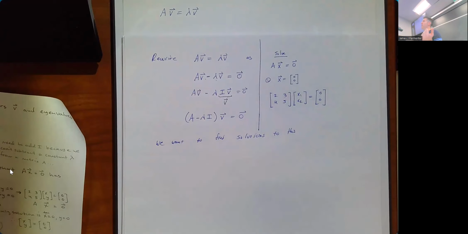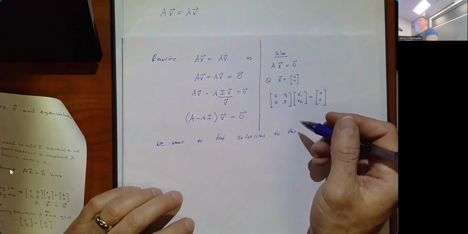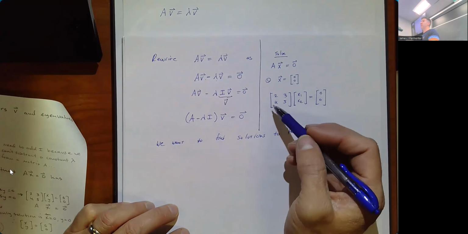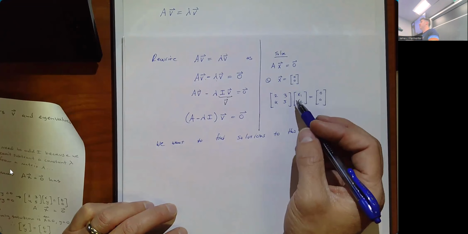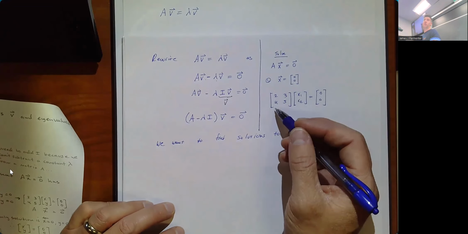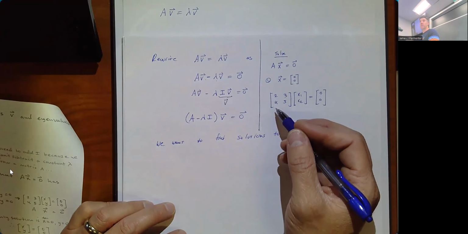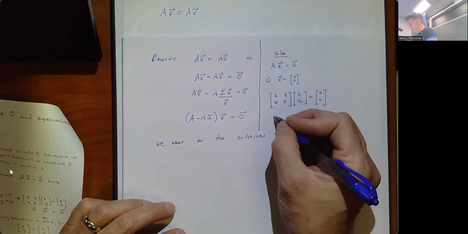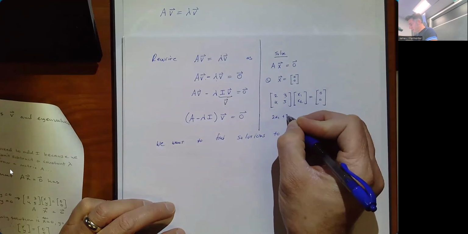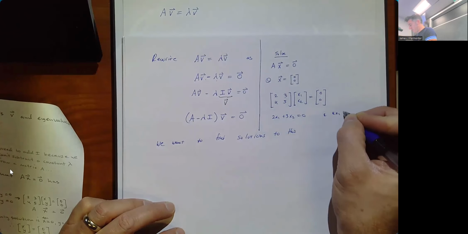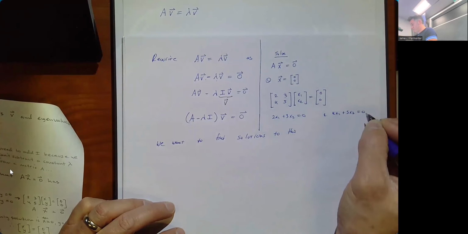Why not? Good question. Well, the real reason why not is because this system of equations represents 2 lines. And these 2 lines only intersect at the origin, at (0, 0). If I write this here, I should use x and y, sorry. 2x1 plus 3x2 equal to 0, and 4x1 plus 5x2 equal to 0.